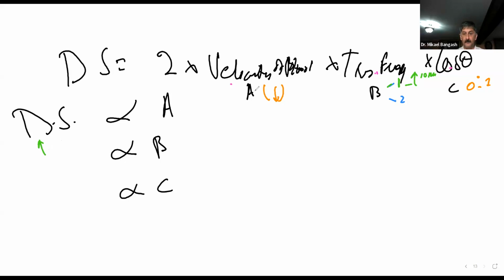For the same blood vessel at the same angle and everything else, measured with a low frequency transducer, let's say 5 megahertz, it's going to give us a low Doppler shift. Did that make sense?